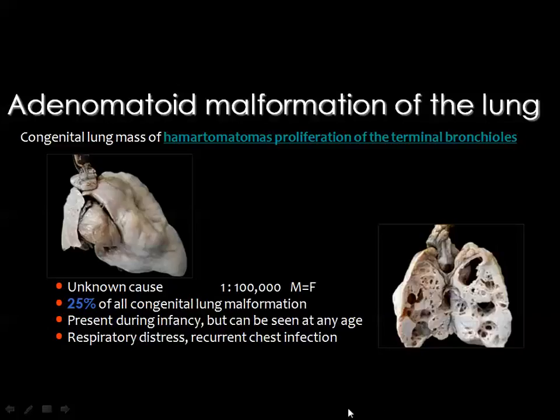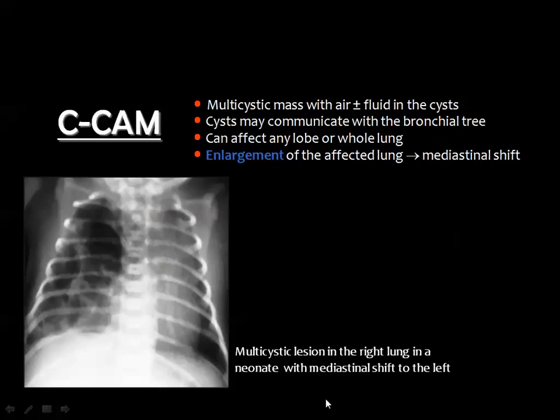The common presenting symptom is respiratory distress and sometimes recurrent chest infection. Commonly, in the chest X-ray, you will see multiple air-filled cystic lesions affecting the whole of a lung or part of a lung.